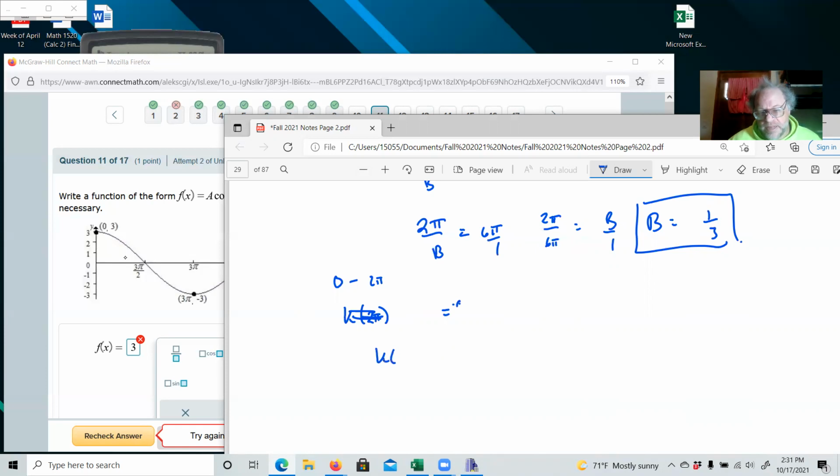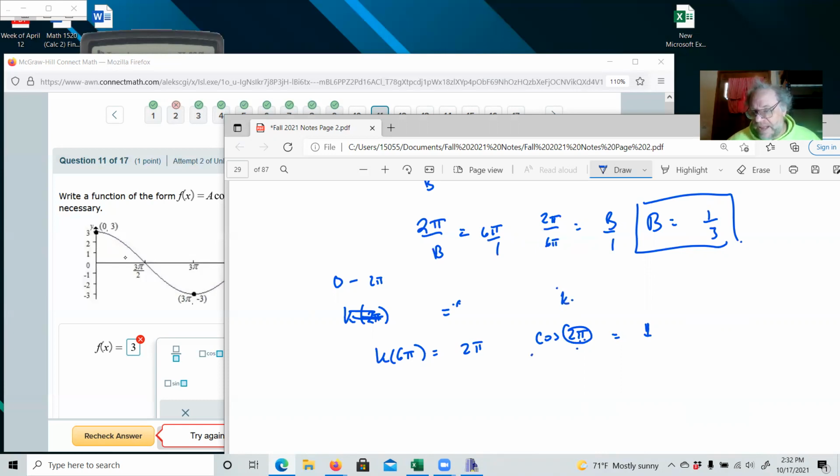We want k times 6 pi to be our end. So what we're trying to do is say cosine of 2 pi, I'm happy with that, that equals 1. How do I force the inside here to look like 2 pi so I can get the answer that I want?